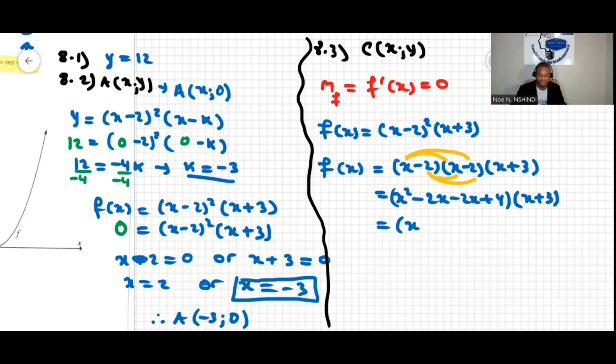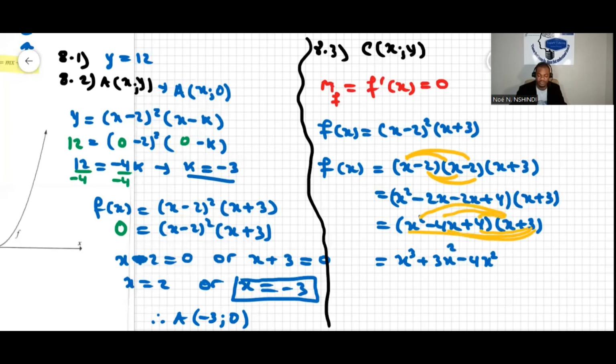That makes x squared minus 4x plus 4, and then times (x plus 3). And now we can also do x times this, and then this times that.